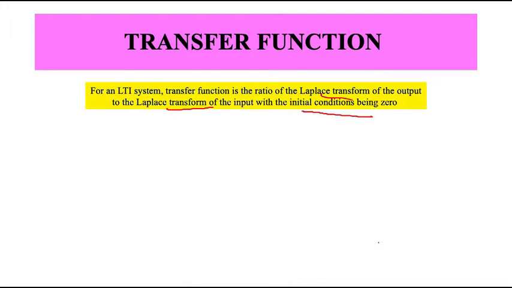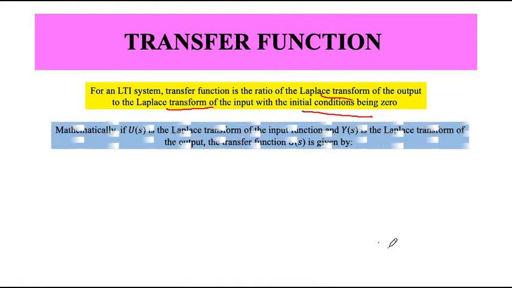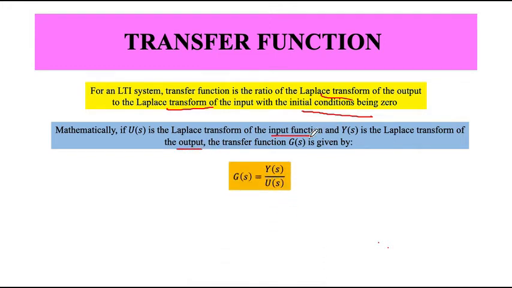Mathematically, if U(s) is the Laplace transform of the input function and Y(s) is the Laplace transform of the output function, then the transfer function G(s) is Y(s) by U(s).